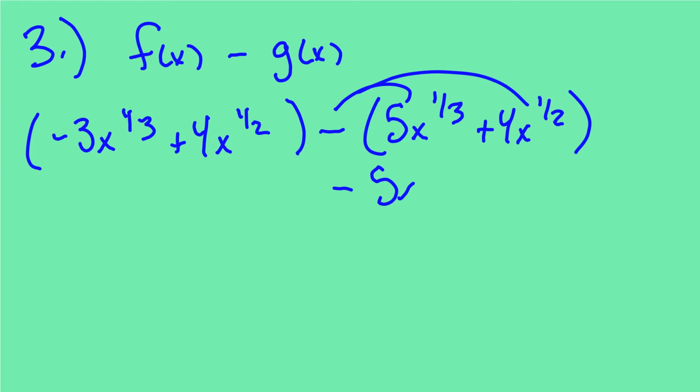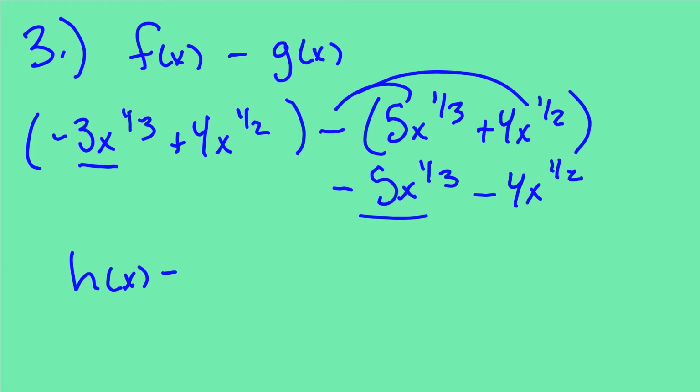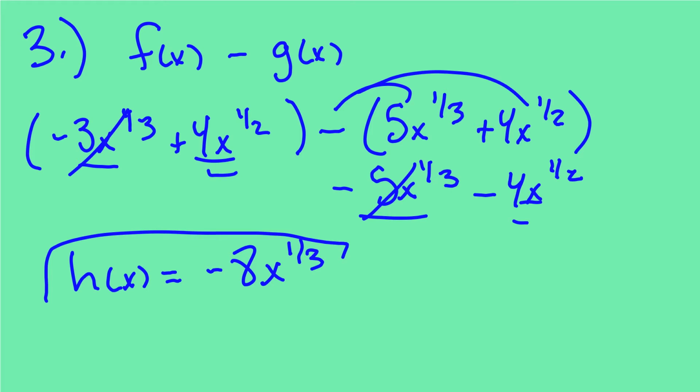So I make it minus 5x to the 1/3 minus 4x to the 1/2. Now when I combine my like terms, negative 3 and negative 5, h of x, because it's a brand new function, is minus 8x to the 1/3. Cross them off because I'm done with them. 4 minus 4 is 0, so I don't even write anything. And so that's my final function right here.